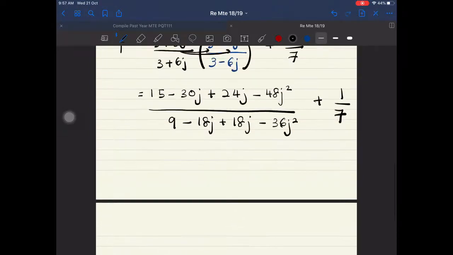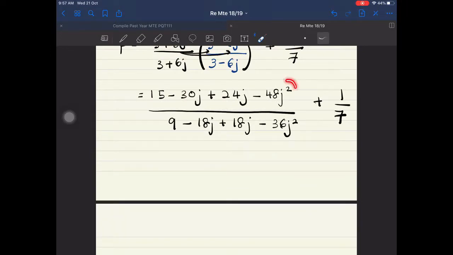Okay, so now we need to simplify this one, and also what you have here. Okay, so we know that j squared is equals to -1.